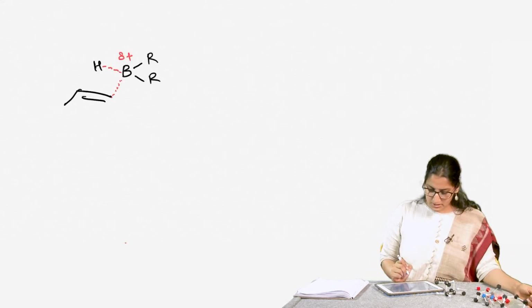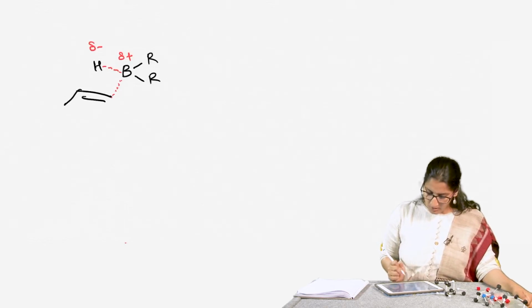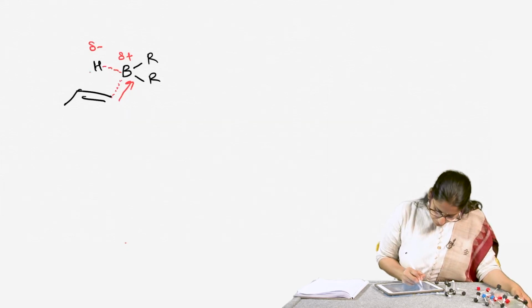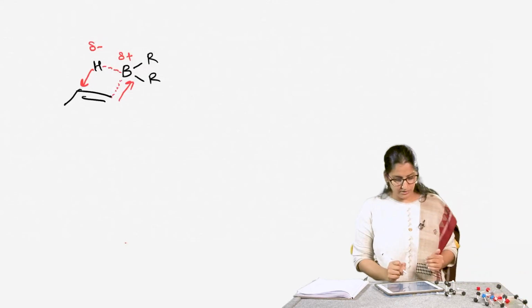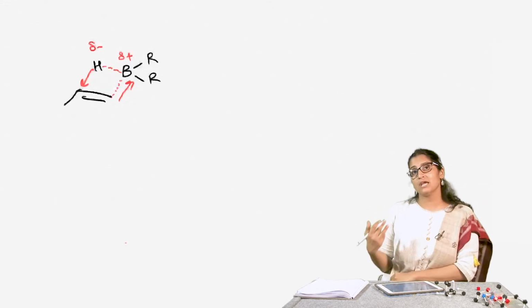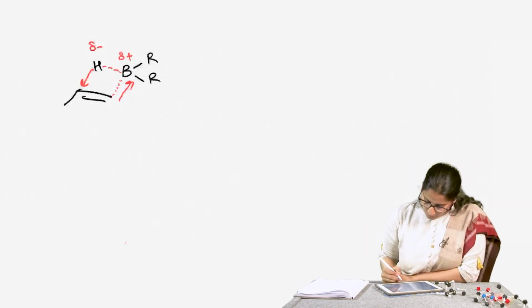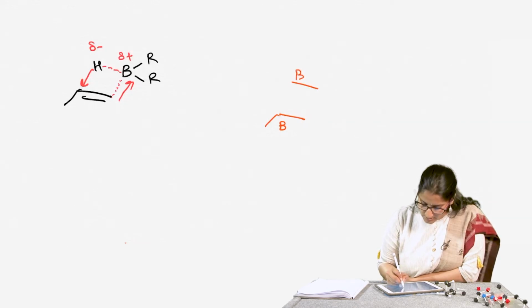Now, think about this, boron is slightly delta positive, the hydrogen is slightly delta negative. So, when the carbon starts forming a bond with the boron, the hydrogen starts making a bond with the other carbon. So, what we see here is that it is simultaneously making and breaking of a bond. So, if I really have to say this, then the carbon-carbon double bond is breaking and the hydrogen boron bond is breaking.